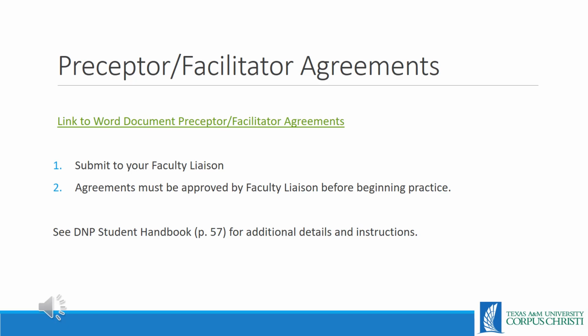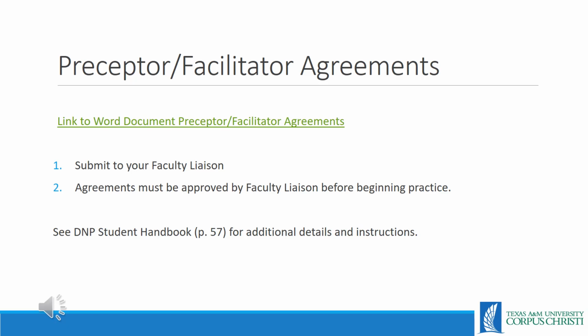Practice experiences should be completed under the guidance of the student's faculty liaison and a preceptor or facilitator. Students should identify preceptors or facilitators in their community who will help them access resources, key stakeholders, and opportunities in which to complete the work relevant to the DNP project to meet program objectives.